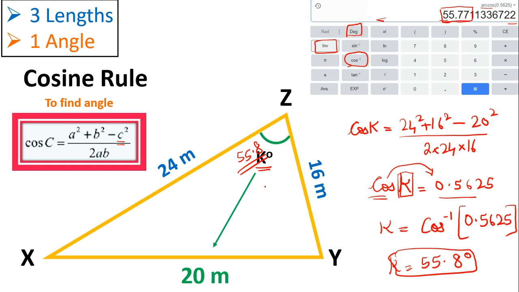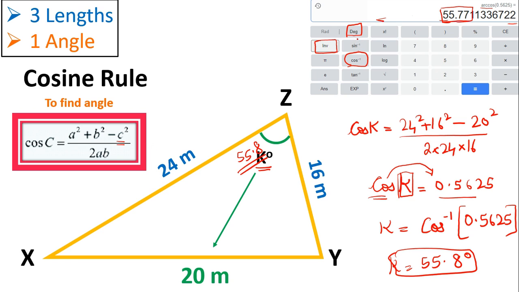So this is how you go about it. First of all, you have to figure out that we're dealing with three lengths and one angle. Secondly, you have to figure out what you have to find, either the length or the angle. If the length is unknown, then you use the length formula. If the angle is unknown, you use this angle formula. Set it all up, put it in your scientific calculator, and then figure out the answer.